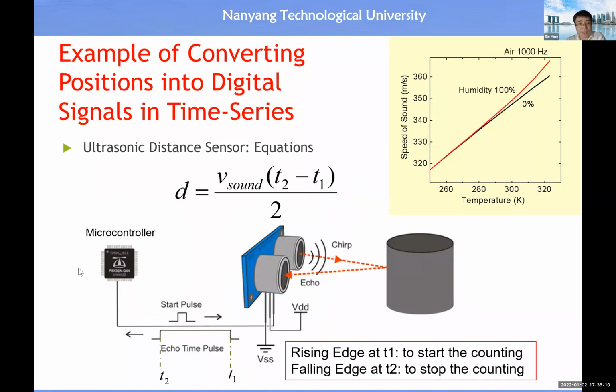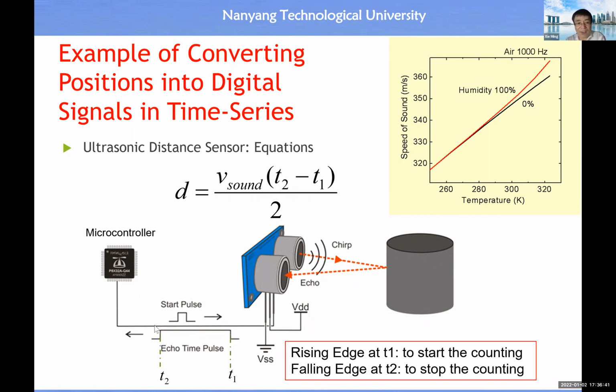All right, so you see the interface between the microcontroller and this ultrasonic sensor is like this. The microcontroller will issue a start pulse, telling it to start the measurement. Then this one will return a digital square pulse, which has two important events or active signals: one is a rising edge, another is a falling edge.